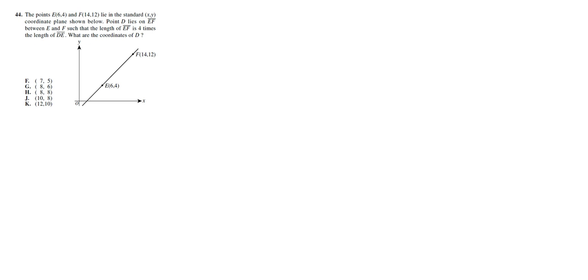Number 44. The points 6, 4, and 14, 12 lie in the standard xy-plane. Point D lies on EF between E and F such that the length of EF is 4 times the length of DE. So let's look for the length of EF. EF is going to be the square root of (y2 minus y1) squared plus (x2 minus x1) squared.